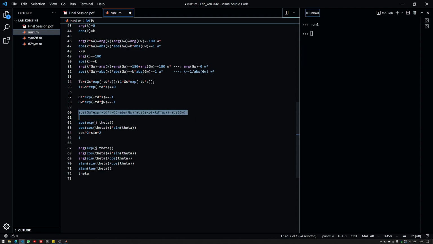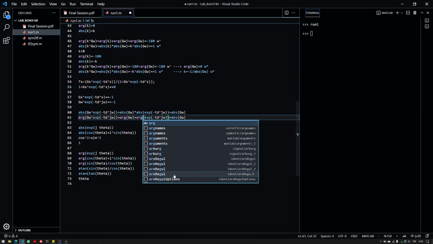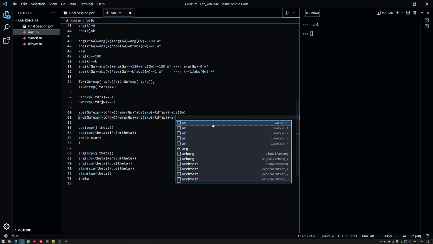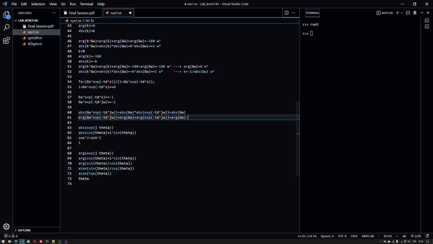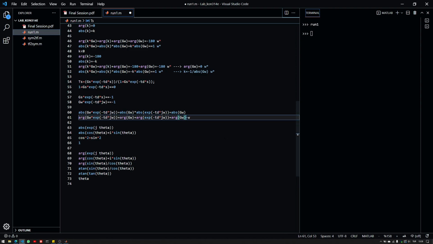Now we know that this is sort of the absolute value. Now for the argument, let's work that out. We have g omega times this e term, but we know that instead of multiplying them, we can add their arguments. So the argument of this plus the argument of the exponential term would give us the following. The argument of g omega minus omega times td, or td times the delay part, how many seconds it is, and then times omega.